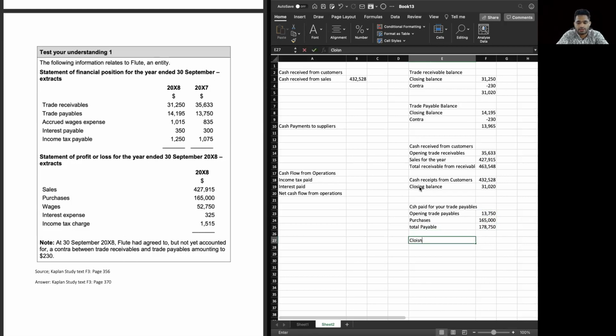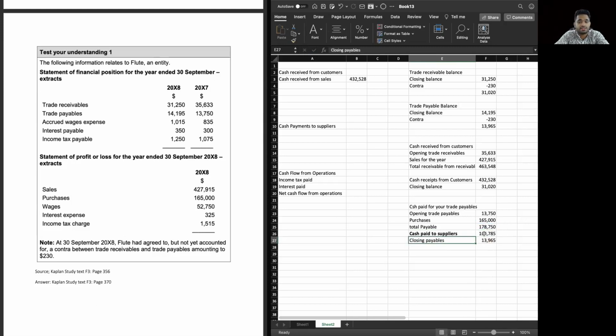So your closing payable balance is going to be 13,965 after the adjustment. So cash paid to suppliers is going to be 178,750 minus 13,965.